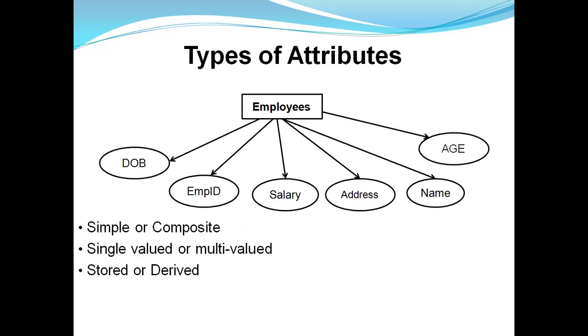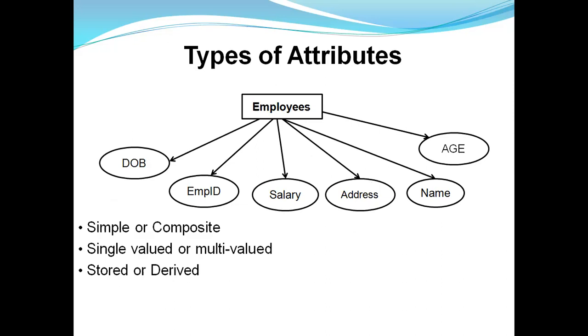Now in the attribute also, there are different types of attributes. What do you mean by the different types of attributes? Simply, you can say that all the attributes, based on their characteristics, are bifurcated into certain types.